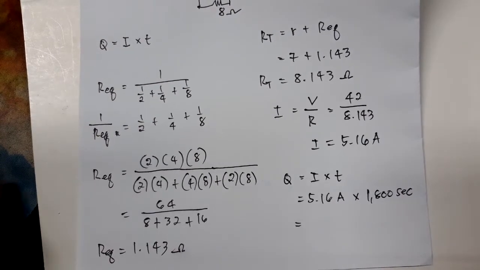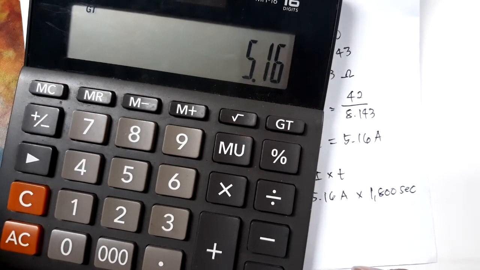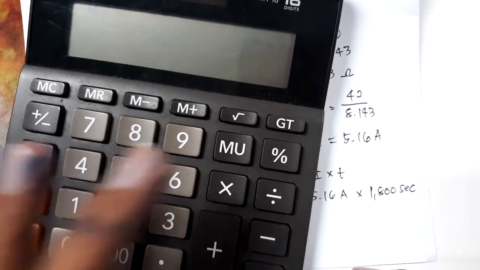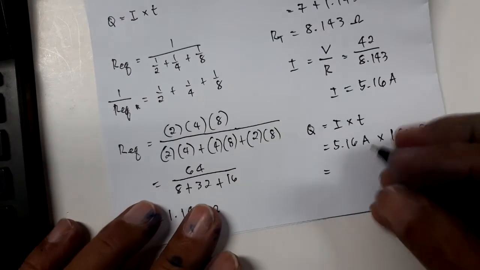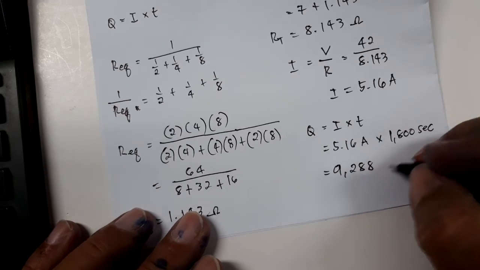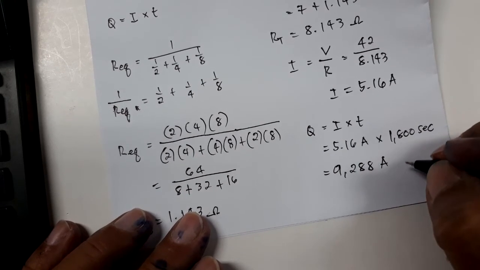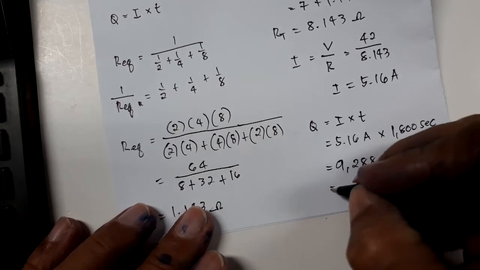If we multiply 5.16 times 1,800, we get 9,288 ampere-seconds.